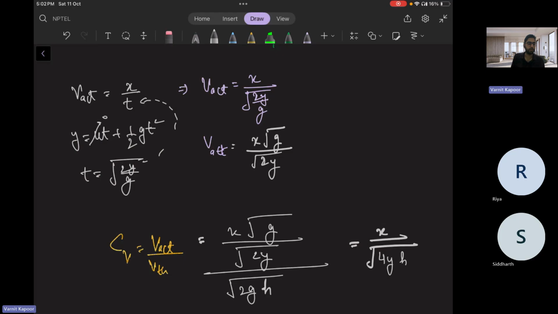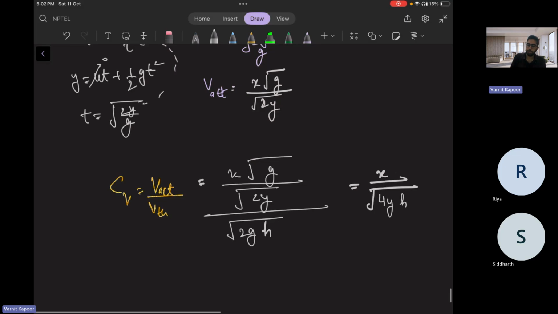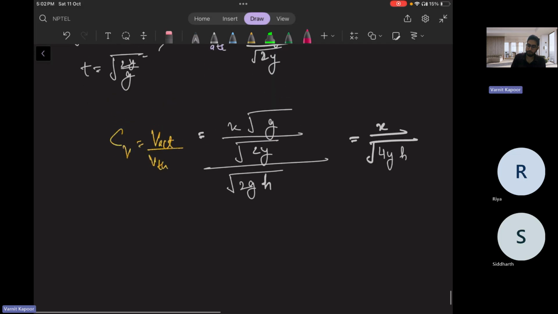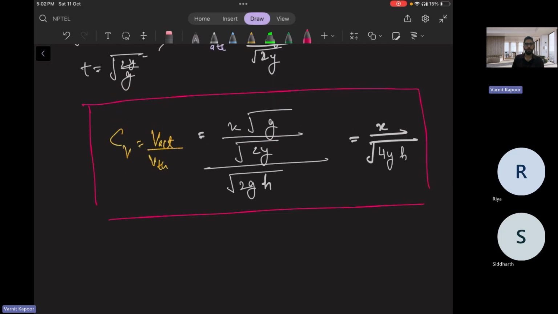Clear? Any doubts? So this is your coefficient of velocity. Very important, if you want to find it out experimentally.